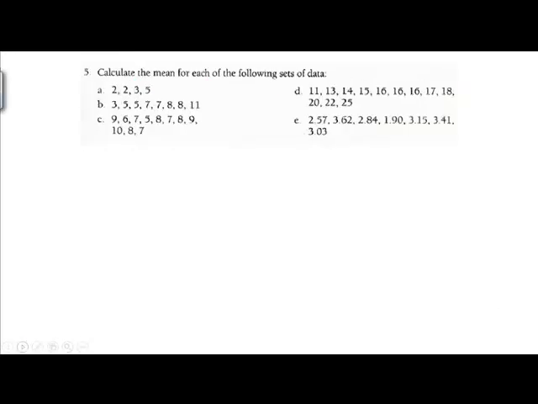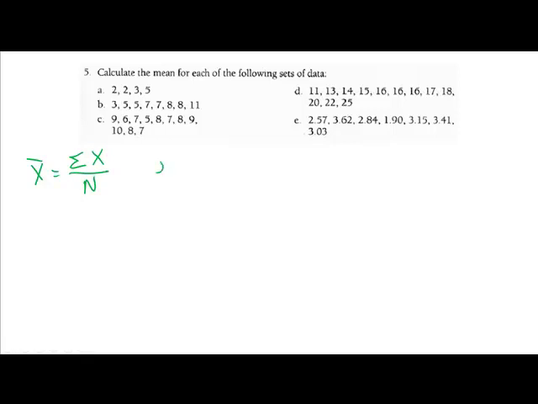The next question, calculate the mean for each of the following sets of data. So we have a group, we're going to add them together because our mean is equal to the sum of x divided by n.